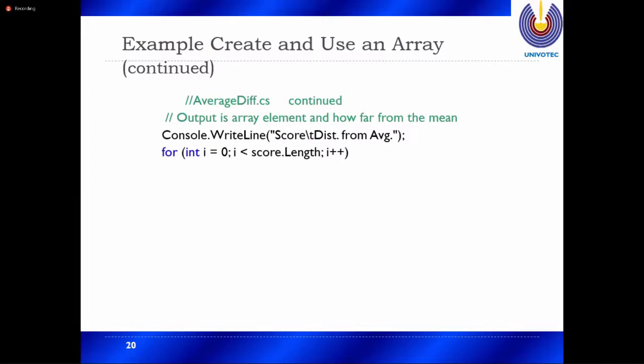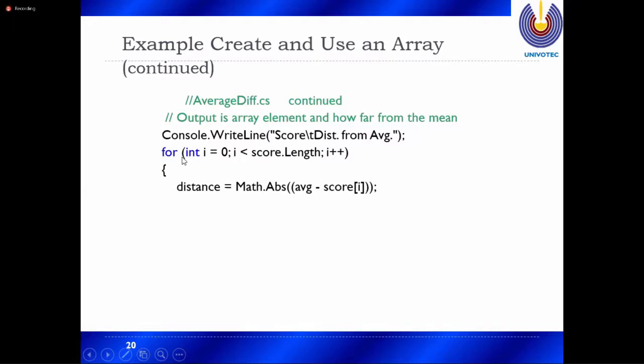Okay, again we want to find the distance, the difference from the average. Distance equals Math.Abs, the absolute value. So whether it comes out negative or positive, it always shows the positive value. Distance equals Math.Abs(average minus score[i]).